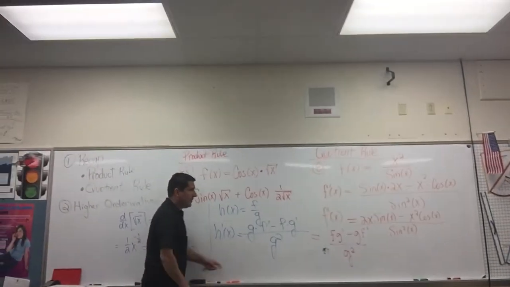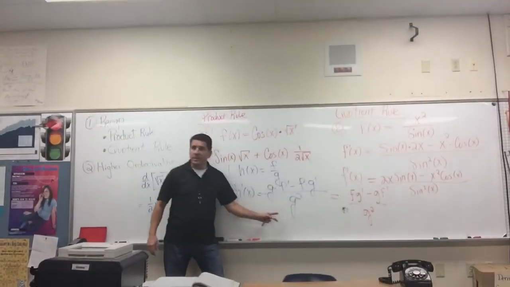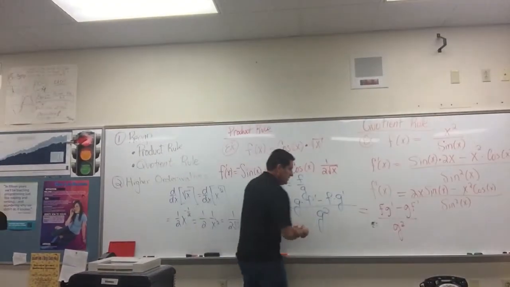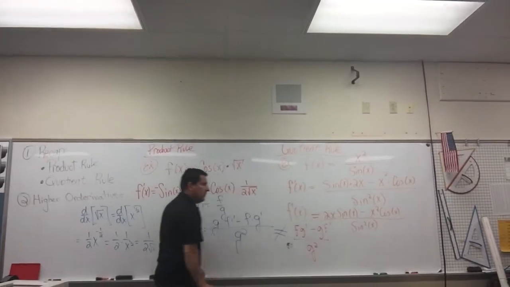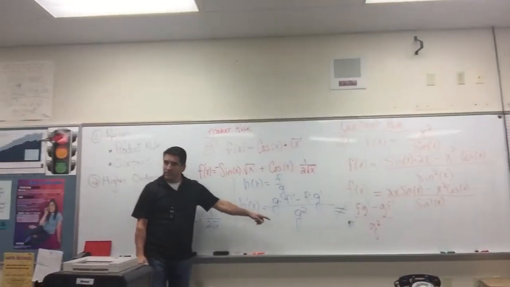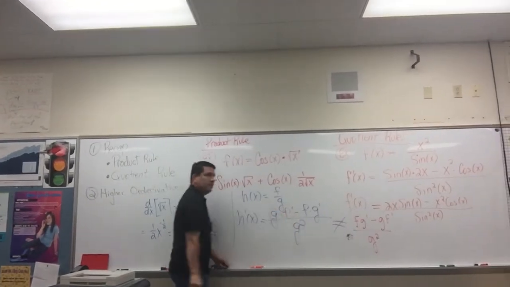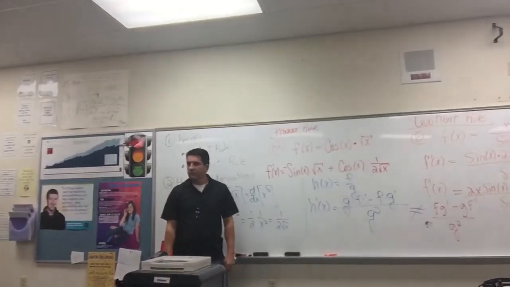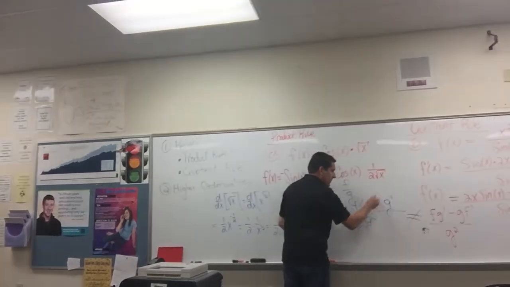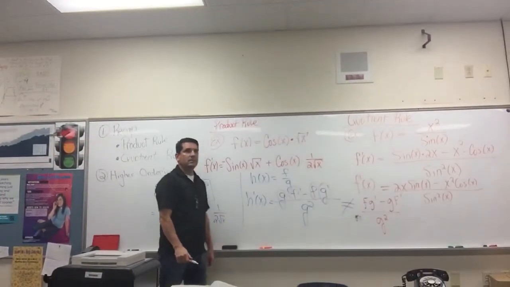So, first of all, is this the same as this? No. Make sure you see that these are not equal because of the minus. If I swapped this one with this one, is that legal? Yes. And if I swap this one with this one, that's legal.